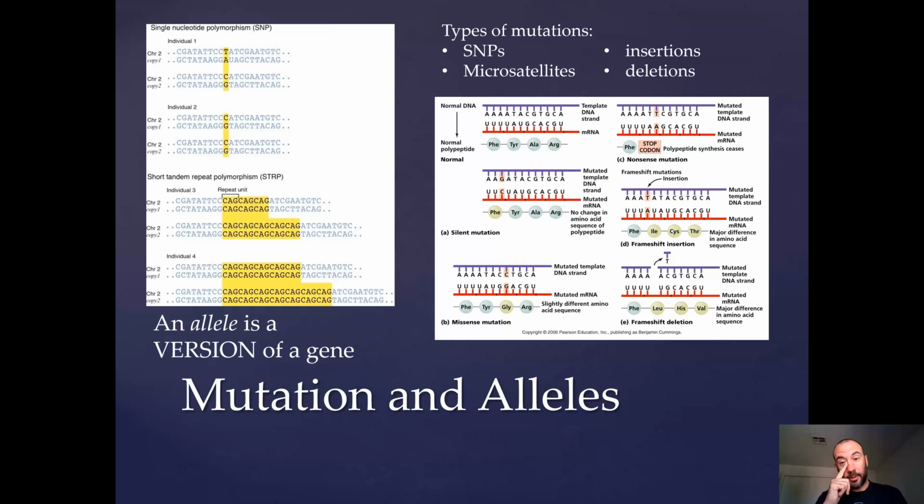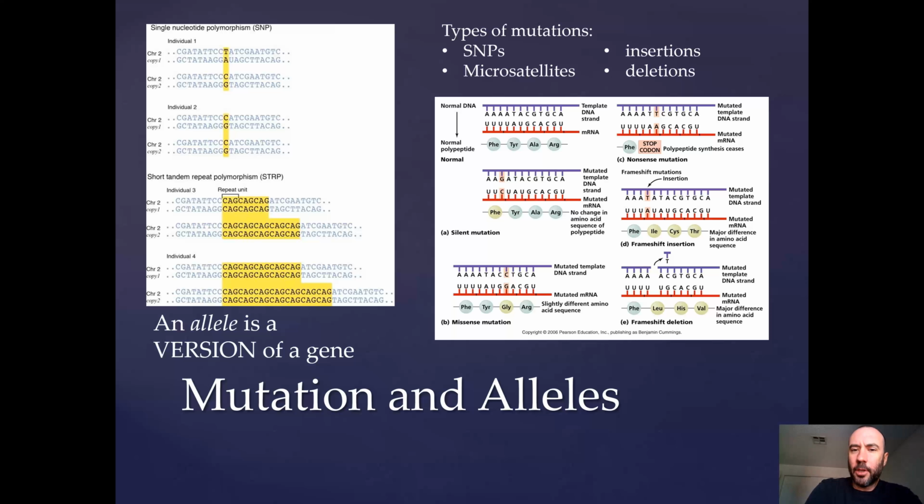But there's different versions, right? Everybody's eyes have some color, but those colors are going to be different, right? So just like most houses are going to have a master bedroom, but that master bedroom may look different, be arranged differently in space. Okay, so alleles are the different versions of genes.